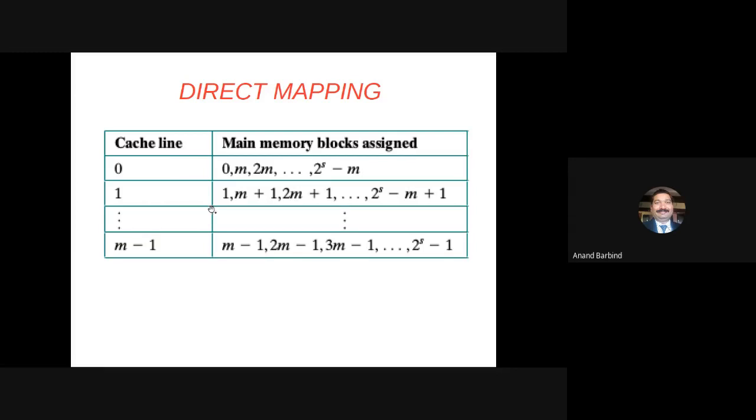So a single cache line is shared by many of the blocks from the main memory.